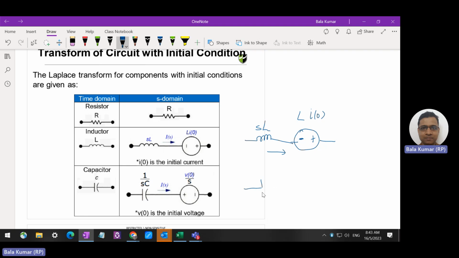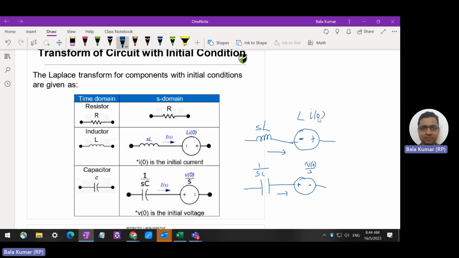For the capacitor, this is 1 over SC, and then we have a voltage source with the value V naught over S, where V naught is the initial value given to us. Since current is flowing here, it's positive and then negative. That's all the way we transform the circuit.